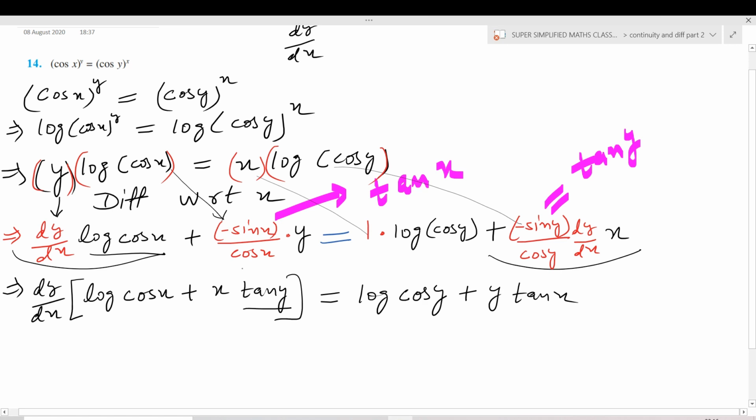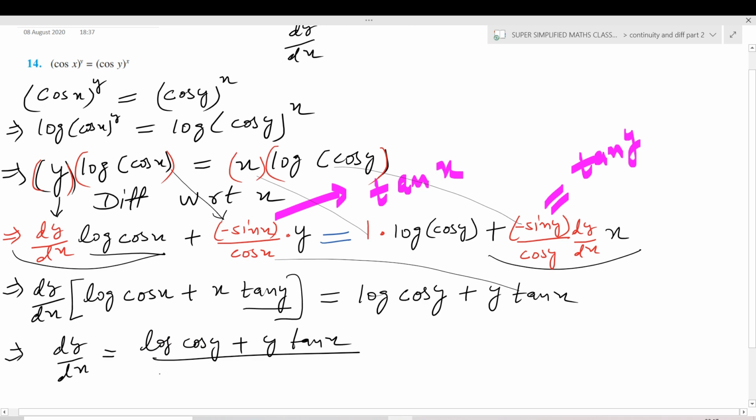And the second term has gone to the right hand side, and sin x by cos x has become tan x. Now we find the value of dy/dx, which is equal to (log cos y plus y tan x) upon (log cos x plus x tan y). This is your answer.